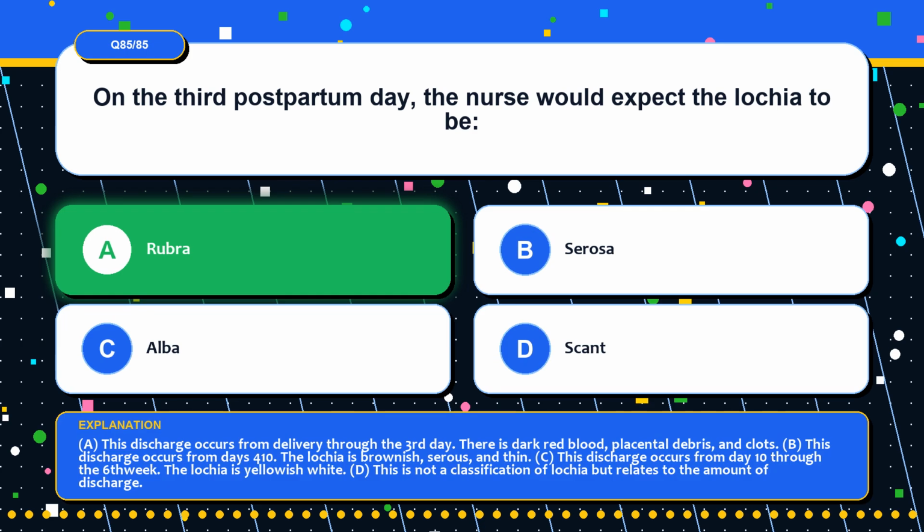This discharge occurs from delivery through the third day. There is dark red blood, placental debris, and clots. B. This discharge occurs from days 4-10. The lochia is brownish, serous, and thin. C. This discharge occurs from day 10 through the 6th week. The lochia is yellowish-white. D. This is not a classification of lochia but relates to the amount of discharge.